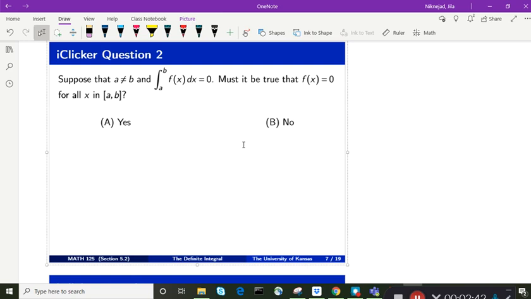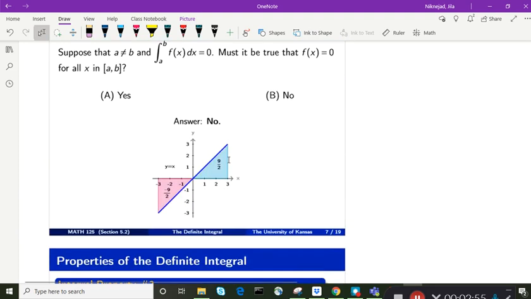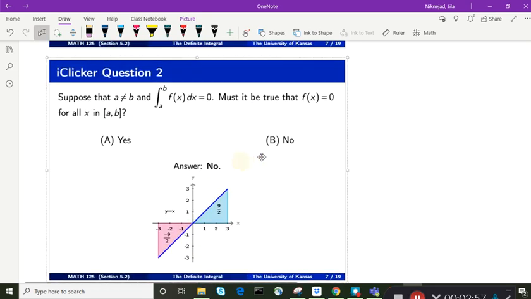And the answer is yes. I mean, the answer to this question is no, it need not be true, because there's a possibility that the integral is zero. Here's an example. If you look at this, the cyan, this is the line y equal to x, and so the function is f of x equal to x.